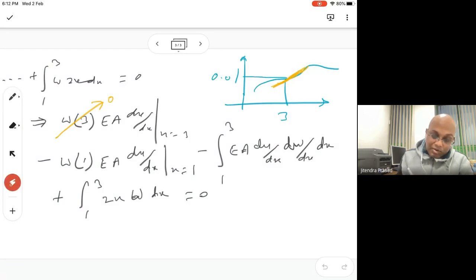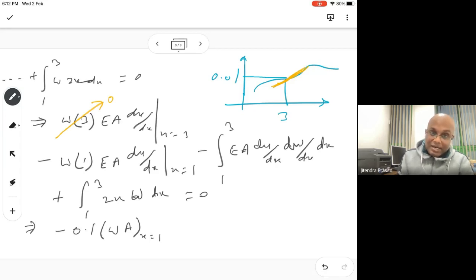So the value E times du over dx is 0.1. So we get minus 0.1. We don't know what is the value of A at 1. So actually A is also a function of x, right? So we can in fact write w A at x equal to 1.